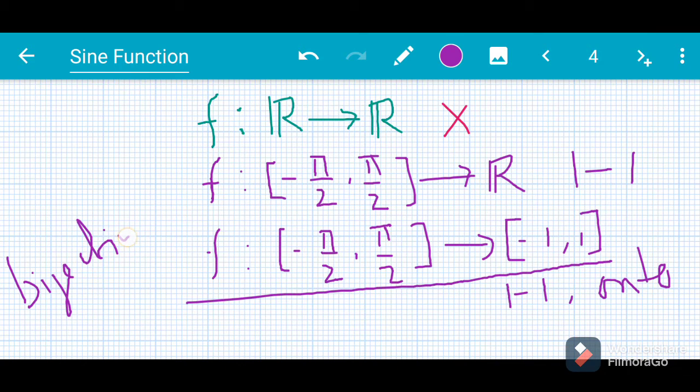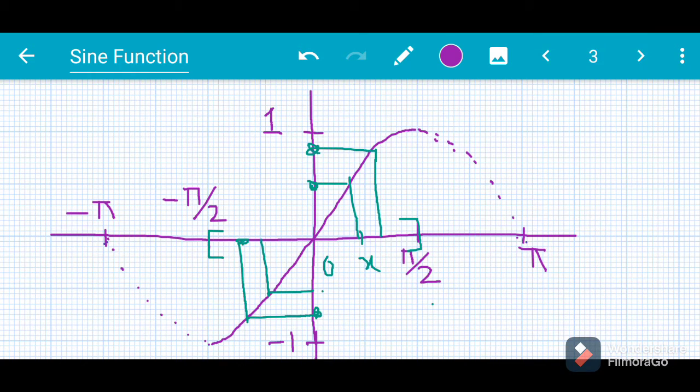The definition is the same. The definition is sin x only, but if you restrict the domain from minus pi by 2 to pi by 2 and the codomain to minus 1 to 1, then the resulting function is bijective.